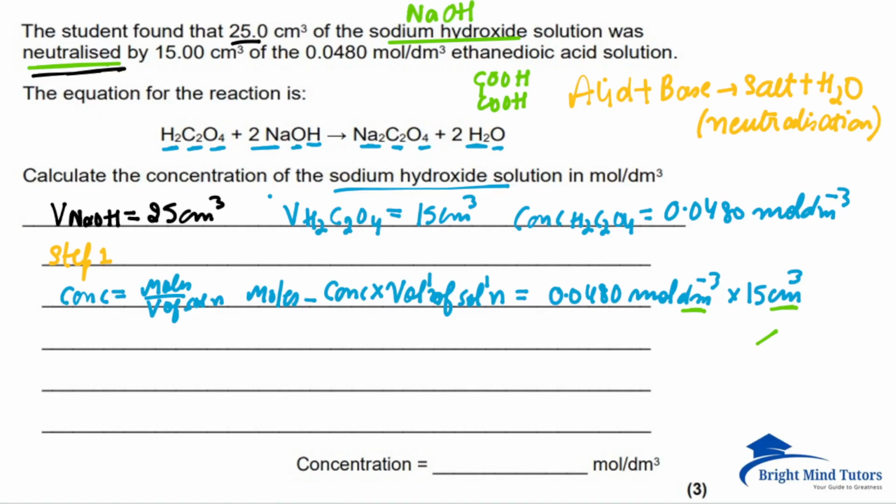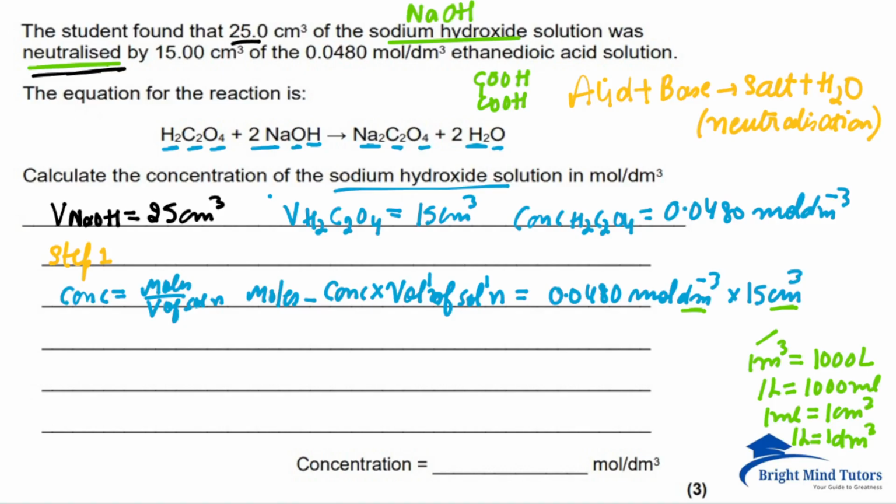Now I know that 1 meter cube is equal to 1000 liters. 1 liter is equal to 1000 ml, and 1 ml is equal to 1 centimeter cube only. That means it is nothing but 15 ml, right? And also 1 liter is 1 decimeter cube only.